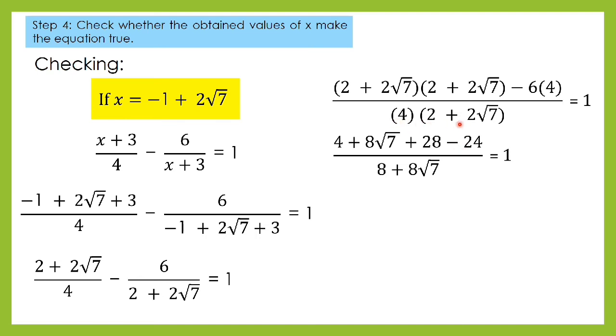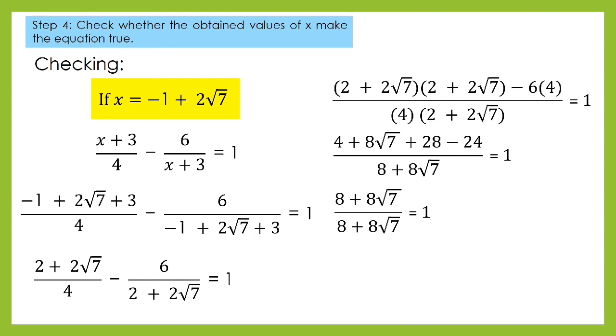Dito sa denominators, apply the distributive property of multiplication. 4 times 2 is positive 8. 4 times 2 square root of 7 is 8 square root of 7 equals 1. Let's simplify. 4 plus 28 minus 24 is 8 plus 8 square root of 7, all over, we copy the denominator, 8 plus 8 square root of 7 equals 1.